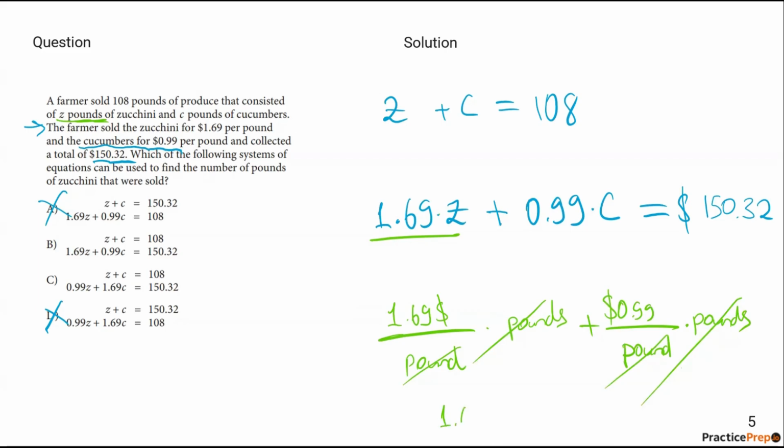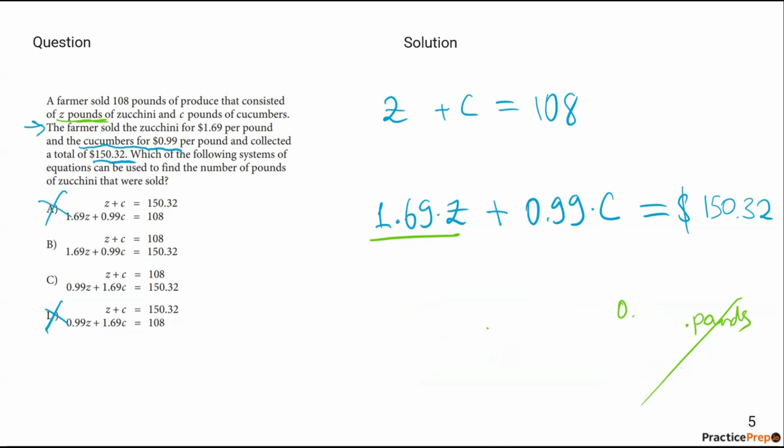We have $1.69. Let's bring back the Z. Z was there, right? Plus $0.99 multiplied by C is equal to $150. Dollars are equal to dollars. It's like apple is equal to apple, banana is equal to banana. Whatever we had on the left side of the equation is on the right side, and that's great. That means our equation is correct.